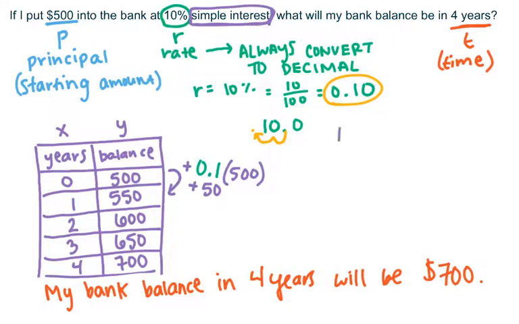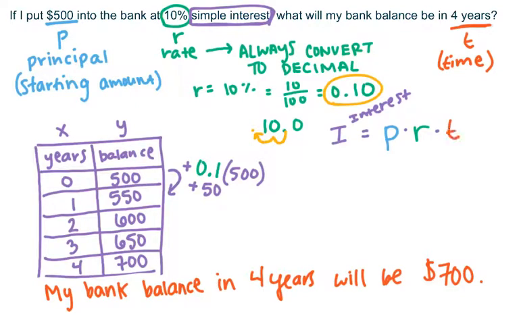The formula for the interest, I for interest, is not the total balance, it's just how much interest you earn. What you do to find the interest is multiply the principal times your rate times the time, how much time you're being asked.